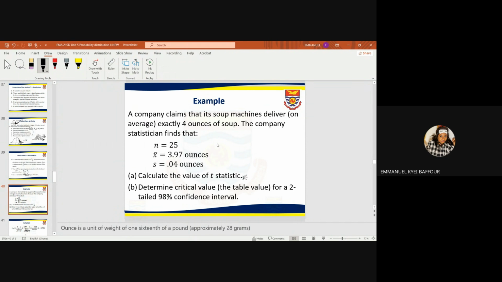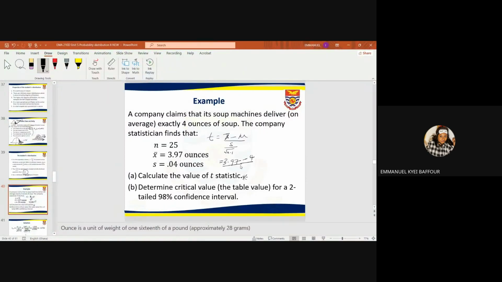That is where the interest is for now, the T statistic. And we said that T is X bar minus the mean, divided by the standard deviation from the sample divided by square root of n minus 1. So now we know the mean given in the question as X bar is 3.97, minus mu, and mu has been given as 4. That is the company's claim.